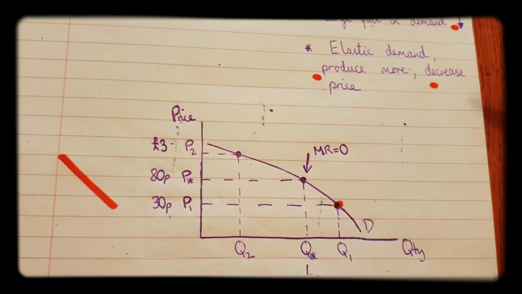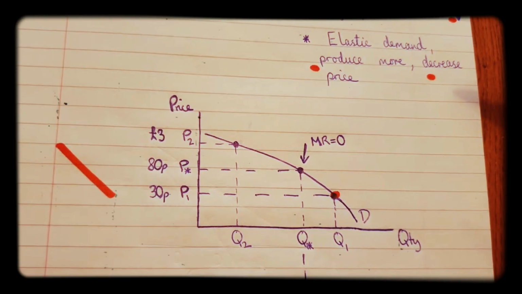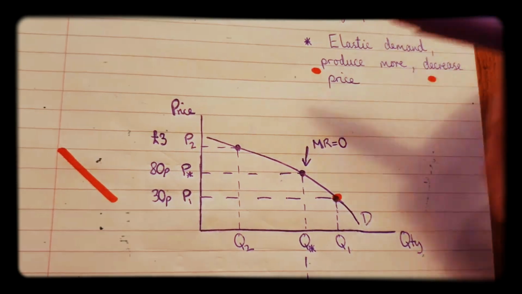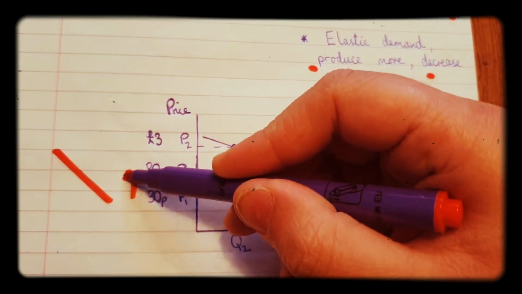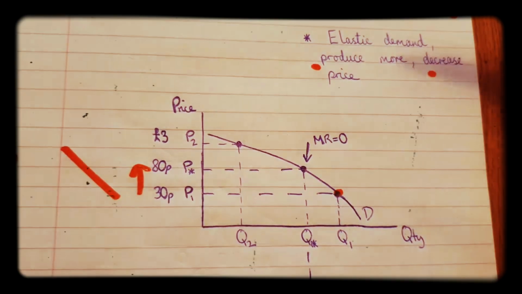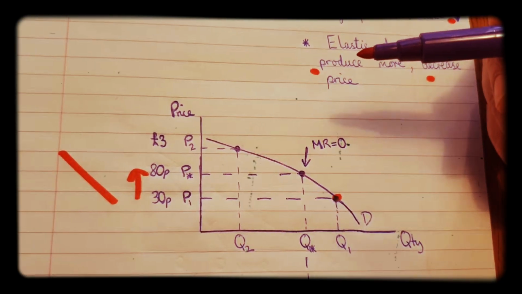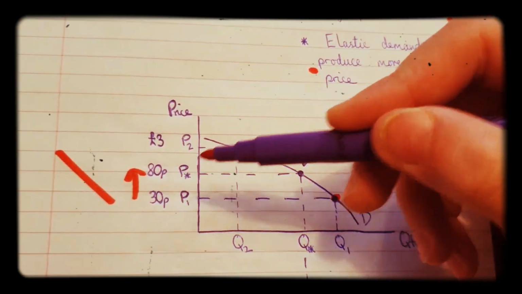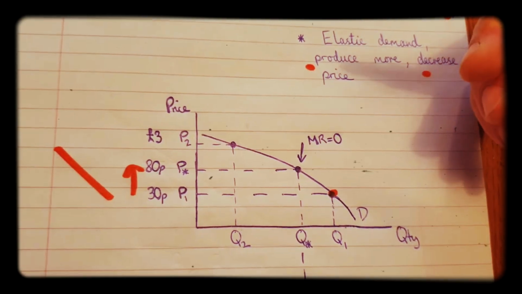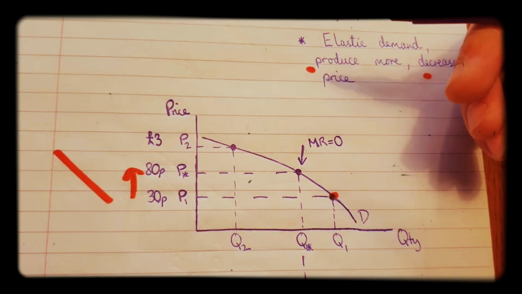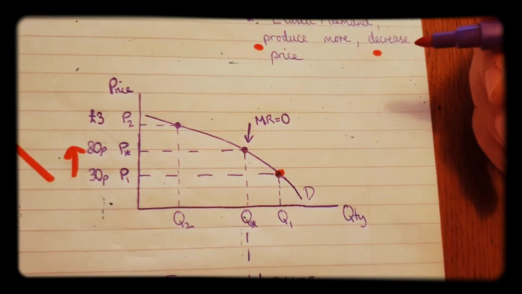Okay, how can the firm gain revenue? Well, if the firm increases the price to 80p, okay, first of all, that's really cheap. Okay, just to make sure people understand that's a very, very cheap price. Okay, if the firm increases that to 80p, so it's more than 2 times as much, what's going to happen to the demand?